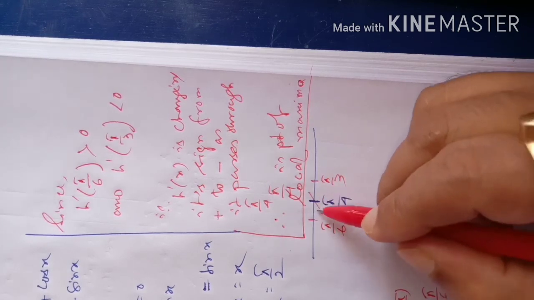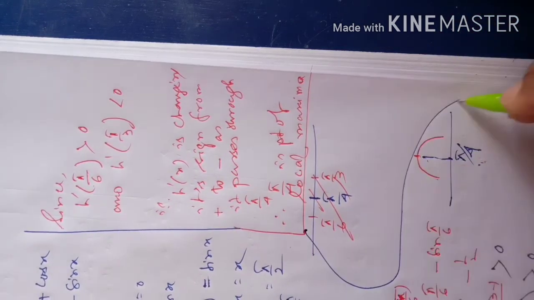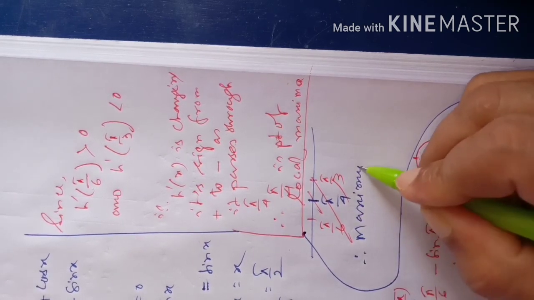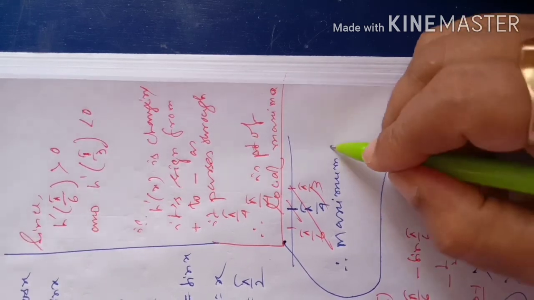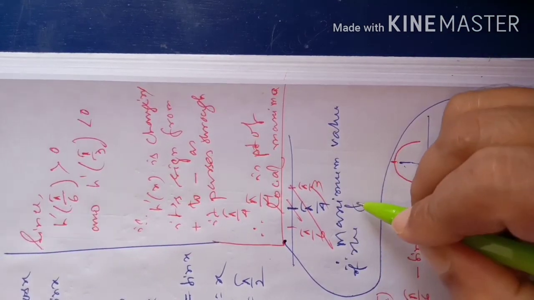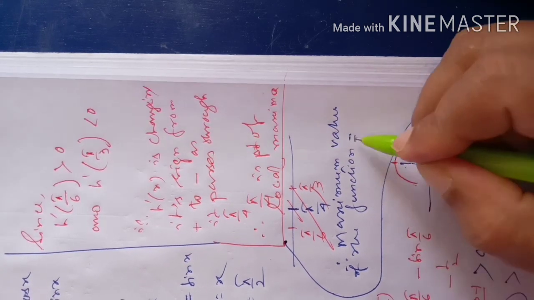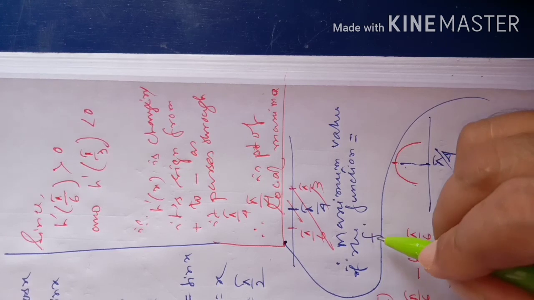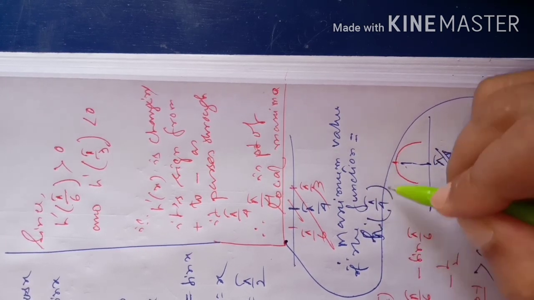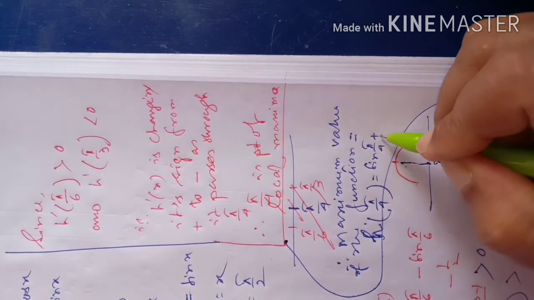Therefore, the maximum value of the function is h of pi by 4, that is sin pi by 4 plus cos pi by 4.